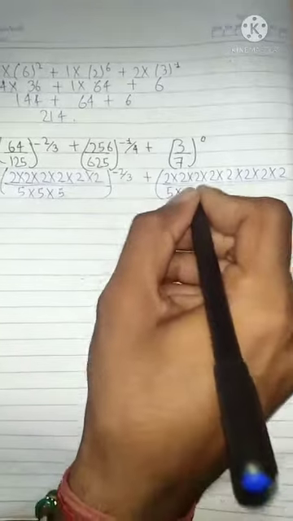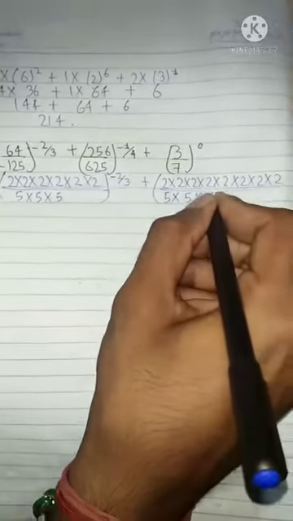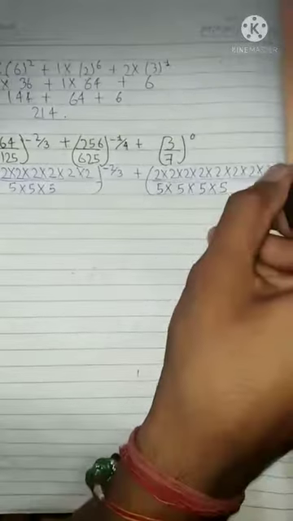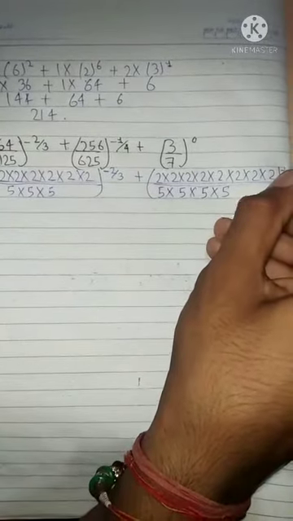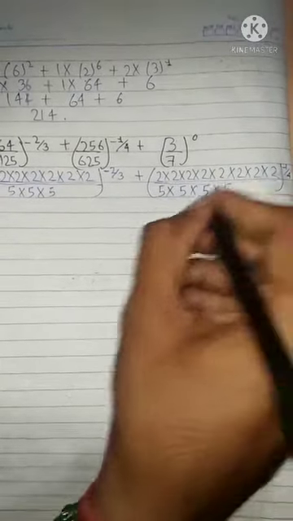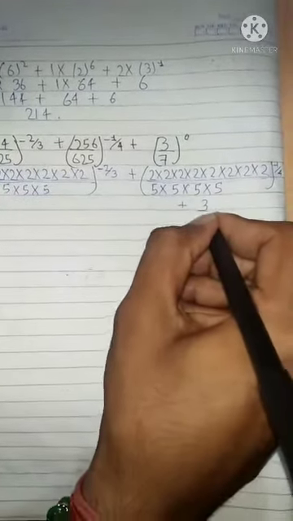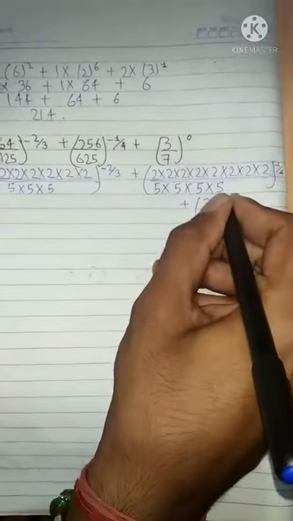Factorization of 625 is 5 into 5 into 5 into 5, power minus 1 by 4, plus 3 upon 7 power 0.